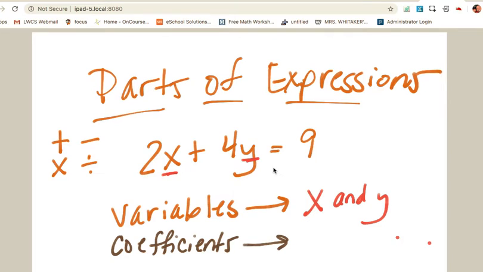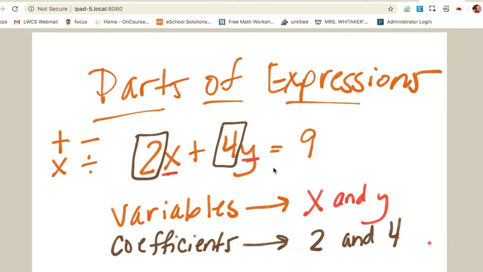Coefficients are the things that are with the variables, that's what the word co means, with. So the things that are with the variables would be the 2 and the 4. The 2 and the 4 would be our coefficients in this problem.